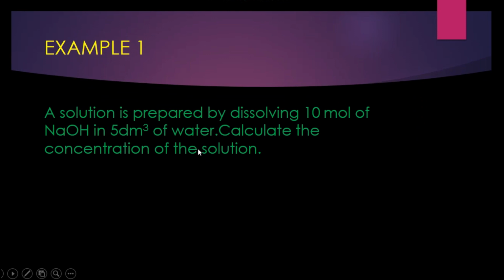First example, a solution is prepared by dissolving 10 moles of sodium hydroxide in 5 decimeter cube of water. Calculate the concentration of the solution. They are asking us to find the concentration. That means the composition of a solution in the number of moles per volume method.